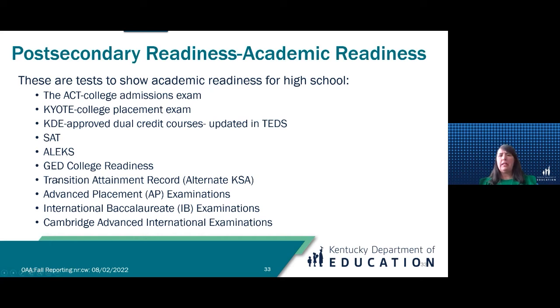Then you have the GED college readiness. You also have the transition attainment record, which is just for AKSA only. You have the advanced placement exam, which is AP. International Baccalaureate exams, which is IB, and then the Cambridge Advanced International Exam, CAI.